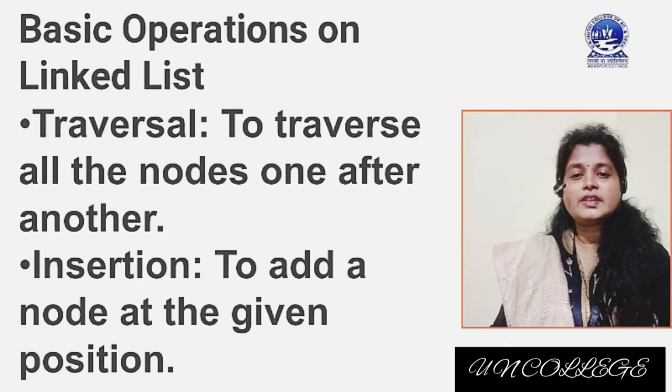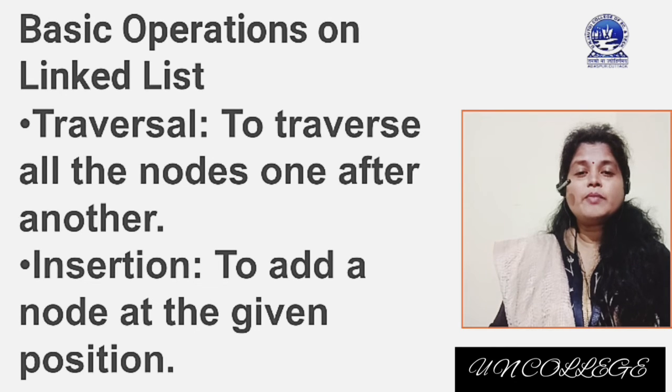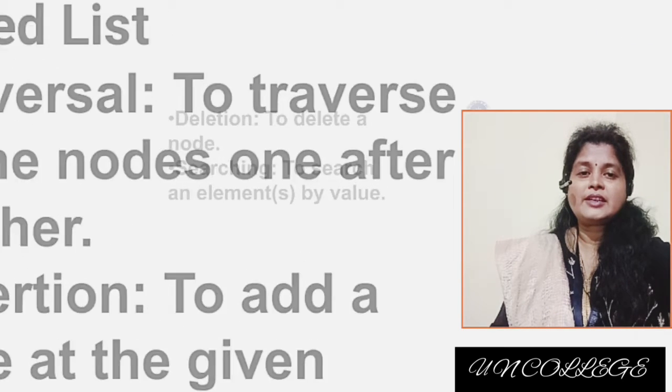What is the meaning of insertion? You want to put a new node in the existing linked list. You may place the new node at the starting location, at the end location, or at any location in between, and for that different logics are used. If you want to know in detail, you may refer to our data structure class on our YouTube channel.